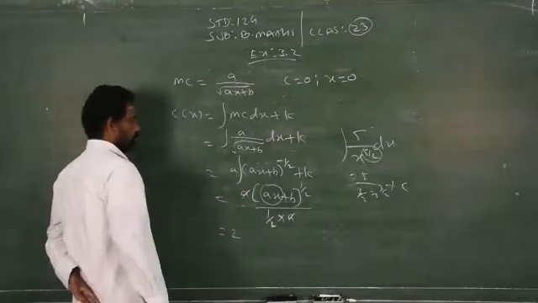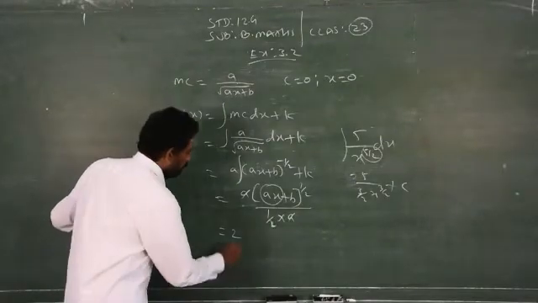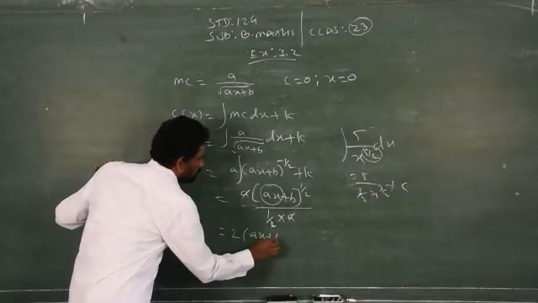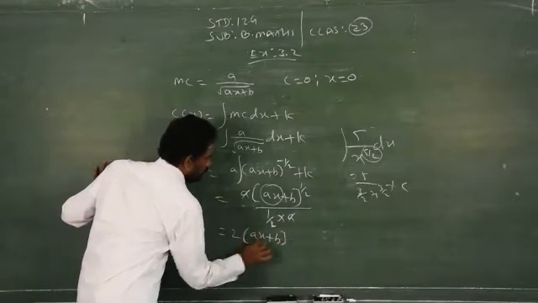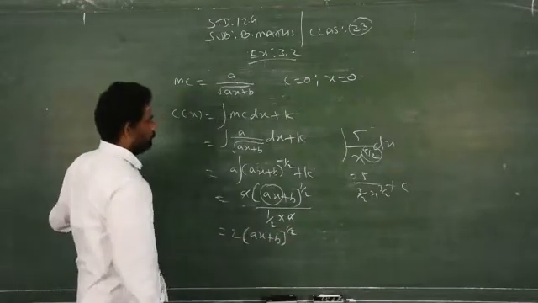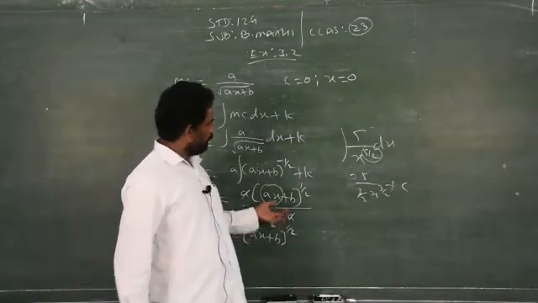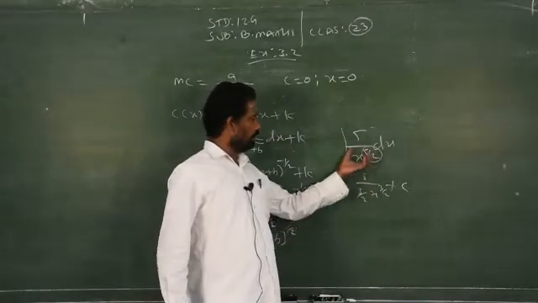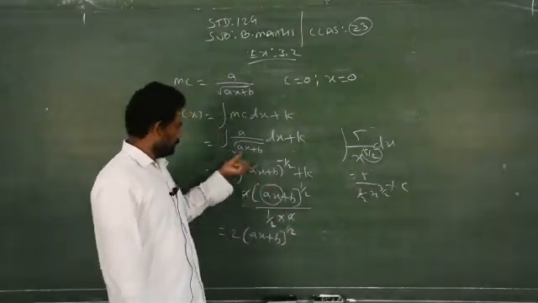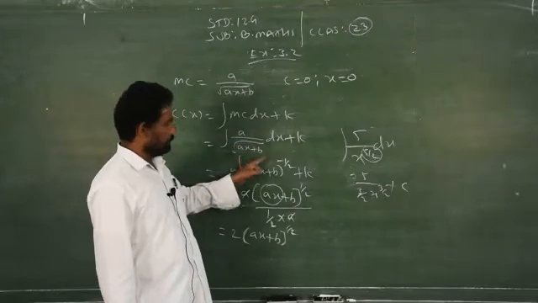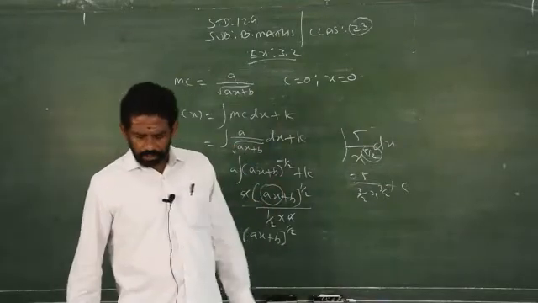So, 2 of ax plus b power 1 by 2. Clear? You can also integrate straight away by applying this method in place of a by square root of ax plus b. You will get the same answer, you will never get different answers.